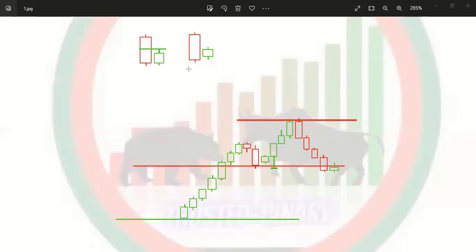So now there is no jump up here. This is the closing price of this bearish candle, and exactly from this closing price, market created a bullish candlestick, no jump up. This candle started just at the closing price of this bearish candlestick and closed below the resistance level here.